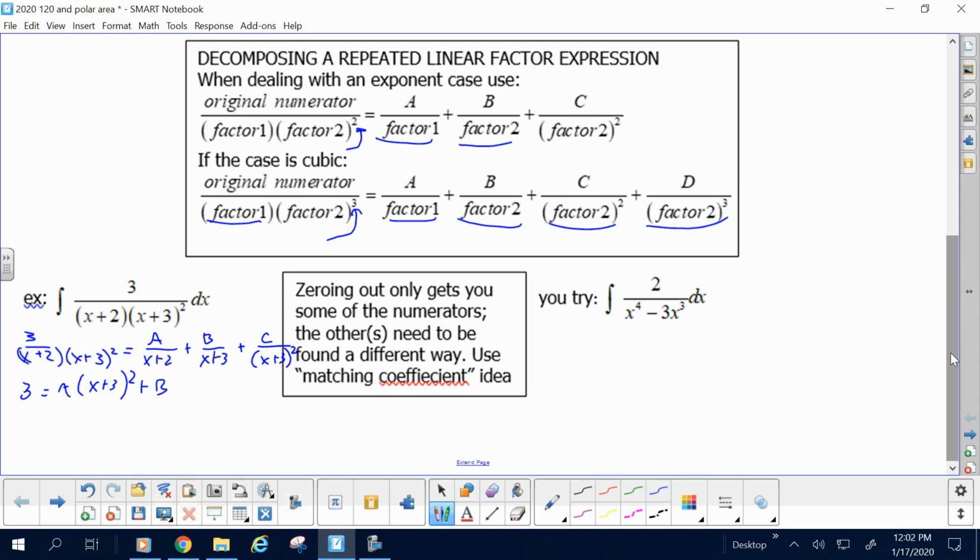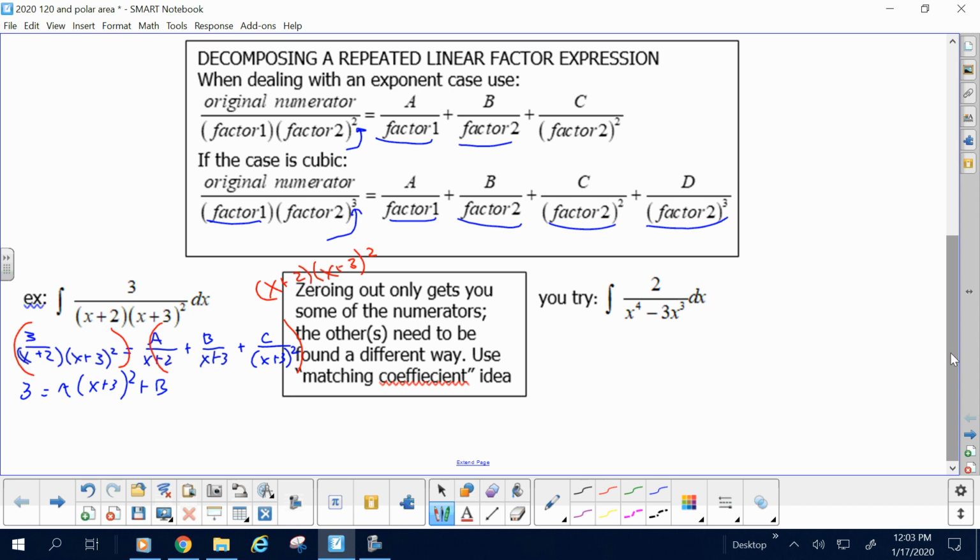Don't think you multiply by everything you see. You multiply by the least common multiple of the denominators. So you'd multiply by x plus 2, and would you need x plus 3 cubed to get rid of the denominators, or would just x plus 3 squared be enough? So you're just going to multiply by x plus 3 squared.